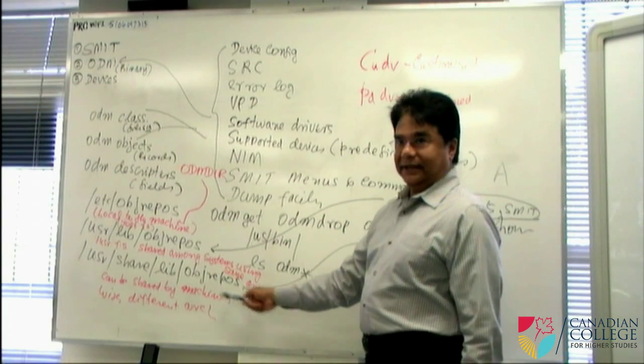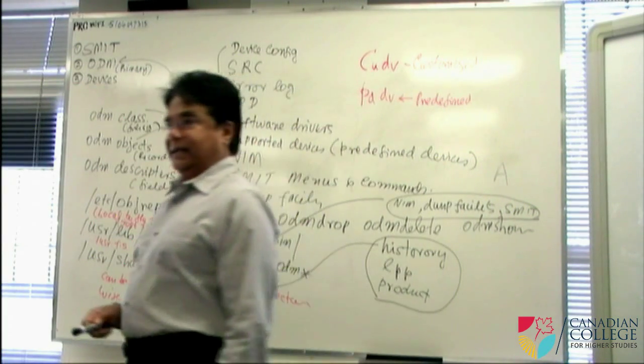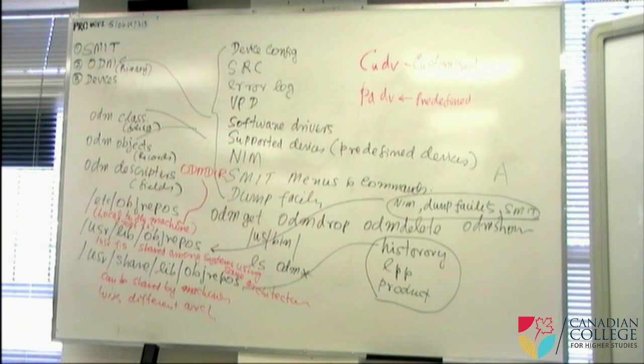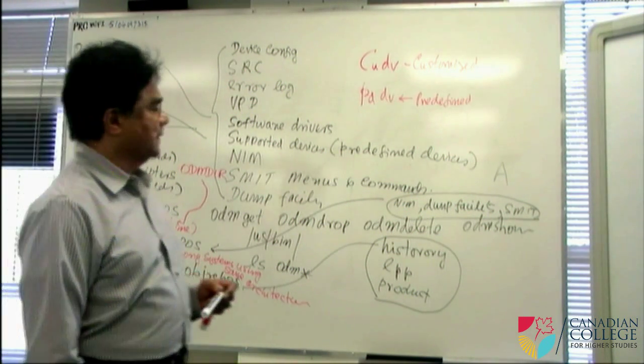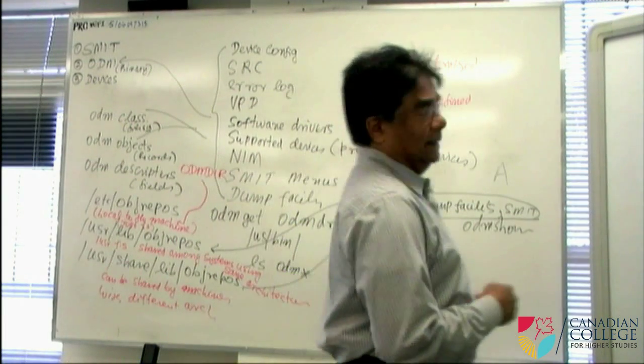Check your notes. It says PdDv, predefined device, predefined attribute, predefined configuration, sorry, predefined connection. Those things are in the second one.